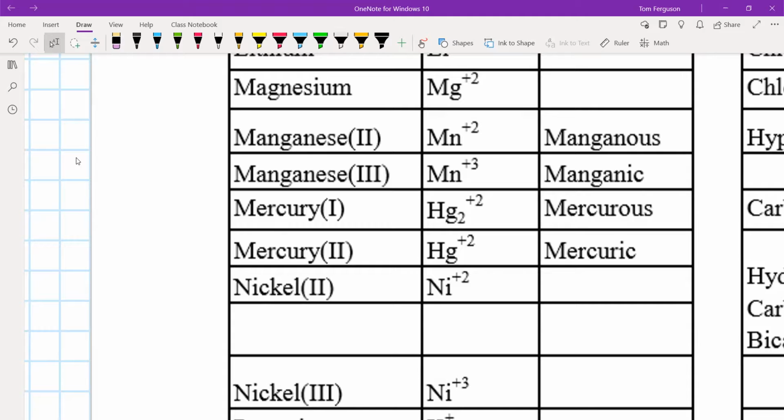They're both stable. Otherwise, we wouldn't find them in nature. It's just the +1 charge is tied up with another one, but they're together as a group. So you treat it as the group charge. We're going to see in the anions, there's a group charge. So mercury 2 means it's +2, and there's only 1 of them. So the charge on this mercury is +1, the charge on this one's +2. But as a group, it's still a +2.